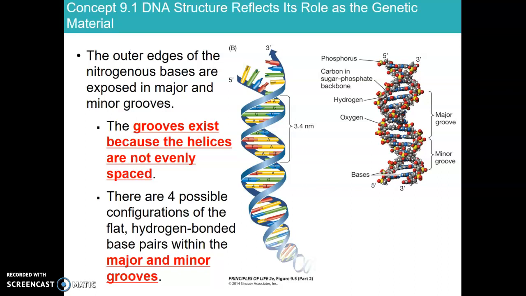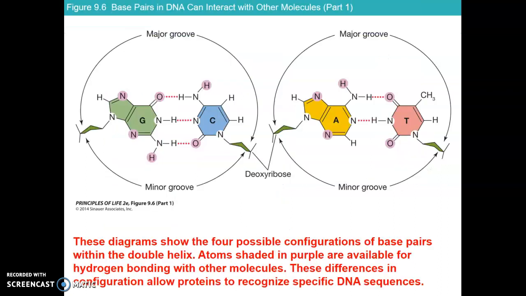There are 4 possible configurations of the flat hydrogen bond base pairs with major and minor grooves. So if it bonds this way with guanine on the left and cytosine on the right, and adenine on the left and thymine on the right, you have your major grooves up here and your minor grooves down here on the opposite side.